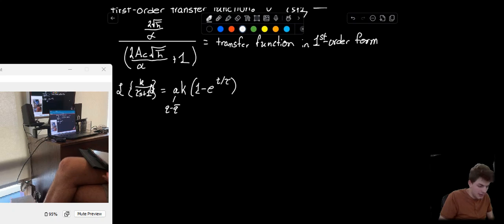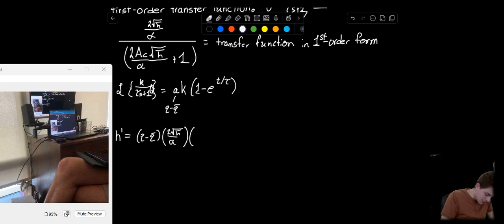So from that, let's pull it out. Say we're in deviation variables, so h prime is going to be equal to q minus q bar times k. Our k is 2 square root h bar over alpha, times 1 minus e to the minus t, because we're now in the time domain again, over tau.